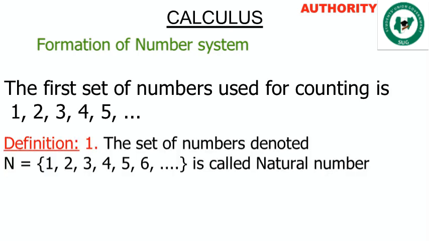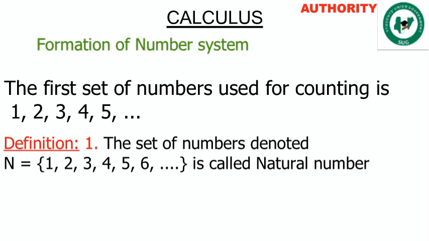We say the set of numbers denoted N, such that the numbers are 1, 2, 3, 4, 5, 6, etc., is called natural numbers.